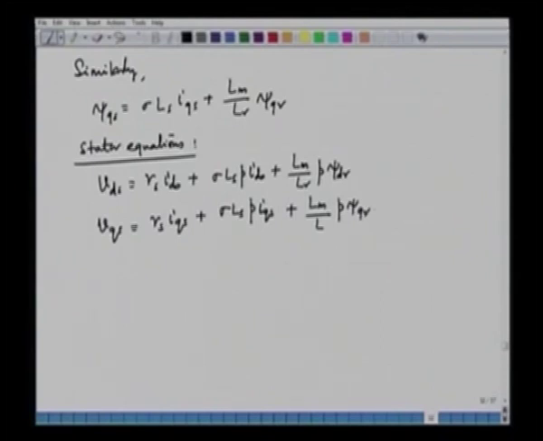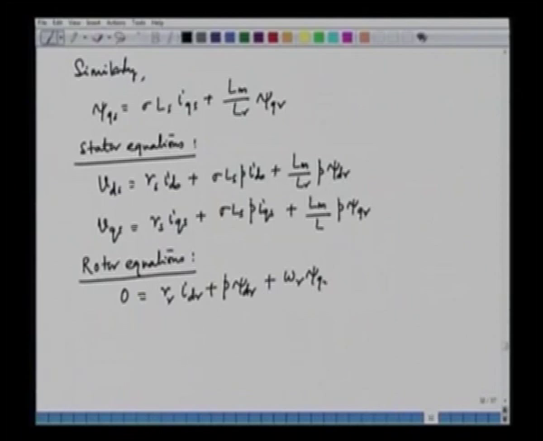So these are the two equations for the stator, and similarly we can write down the equation for the rotor. The rotor equations in the stationary reference frame would be 0 is equal to RR IDR plus P psi dr plus omega r into psi qr.